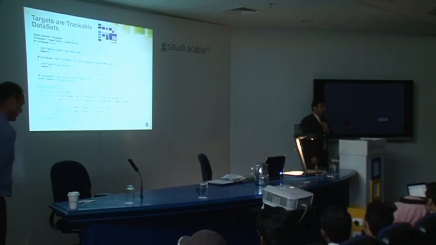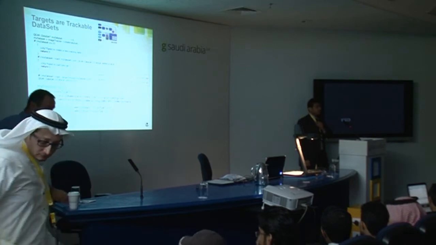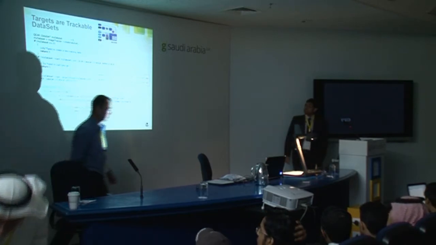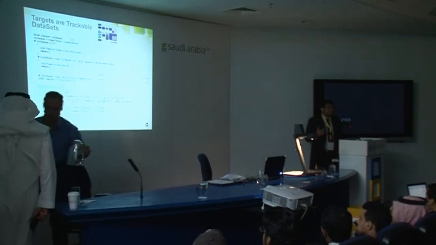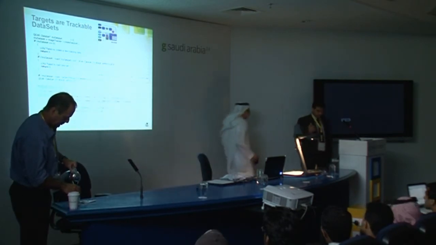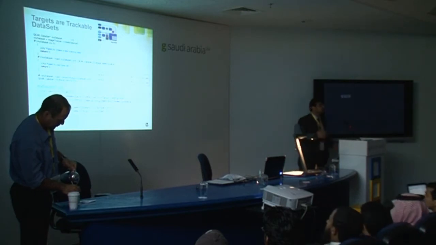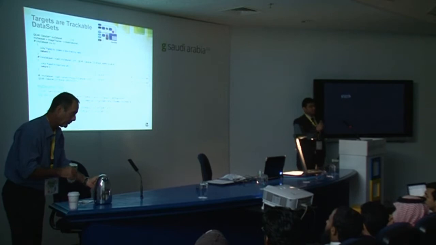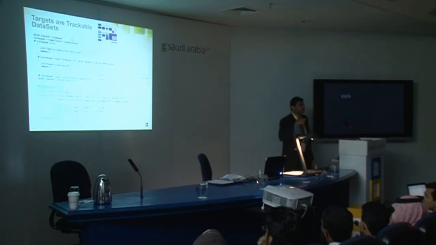Can everyone hear me? Okay. This is a little bit of description about the data set. Let me explain what a data set is. If you want to hide some information in an image, like you take your snapshot and want to hide some information in it, like steganography, like a masking.